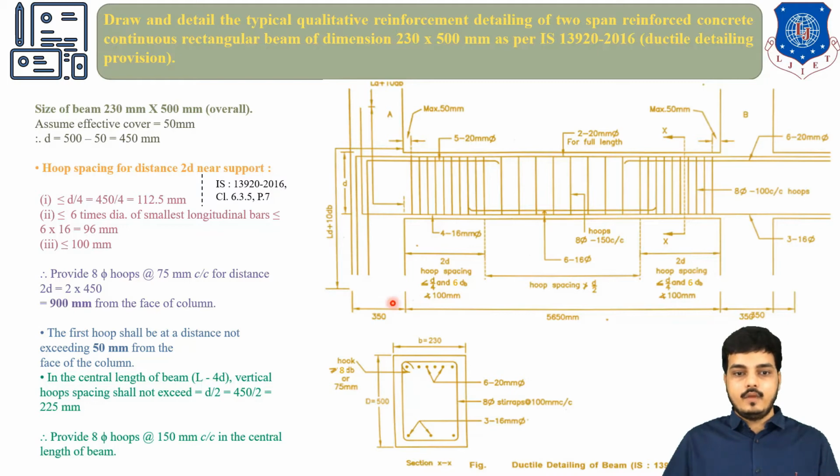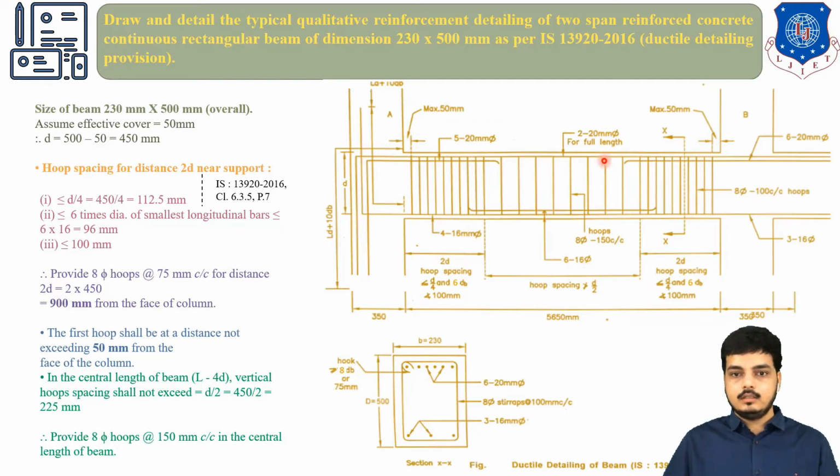Now these are my assumed values of the column. Width is 350 mm, and this I have also assumed for the width of the column. Now the depth of the beam is given, which is overall 500 mm, and we have found out the effective depth also. Here they have assumed 6 bars of 16 dia over here.